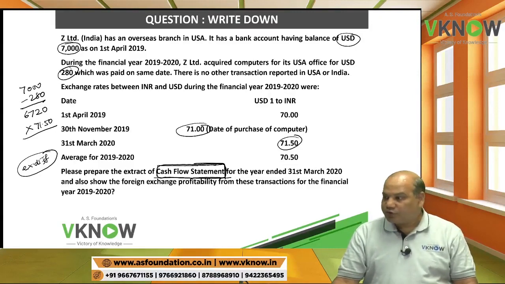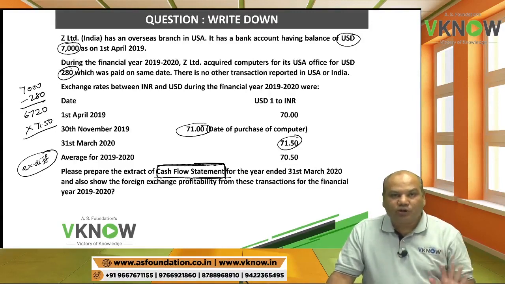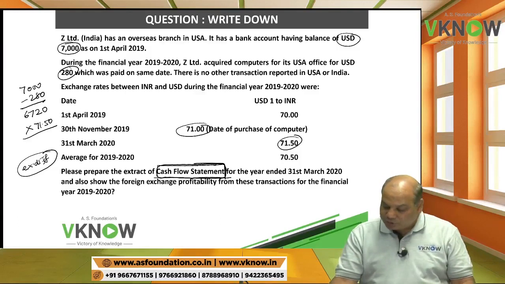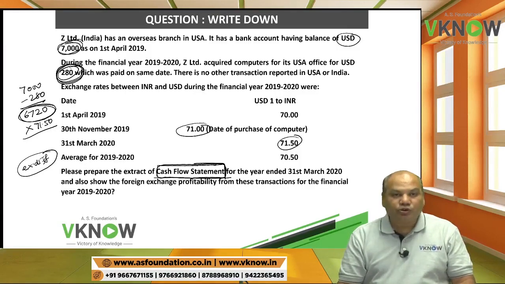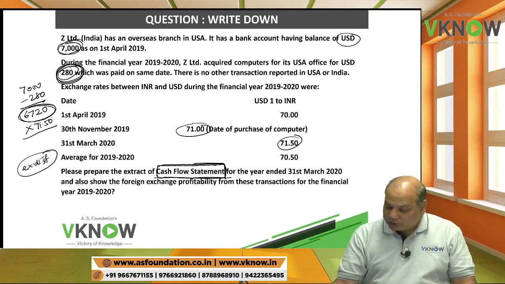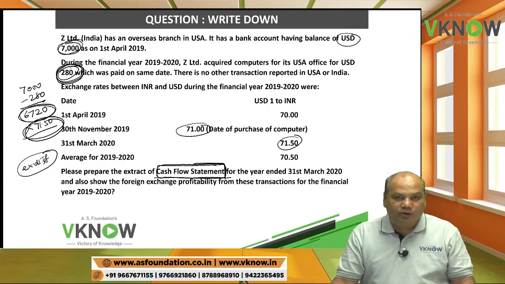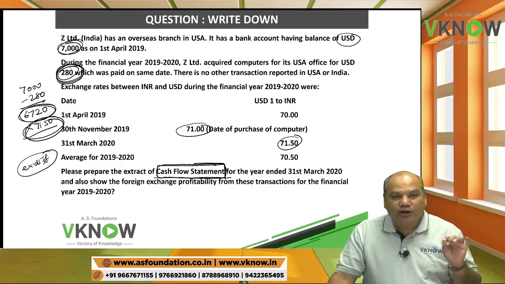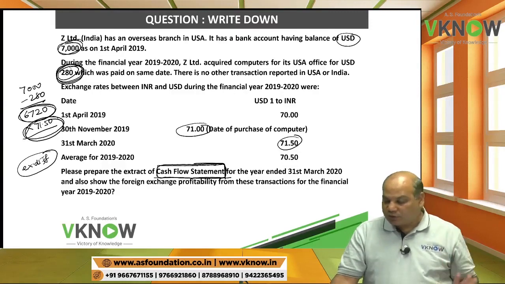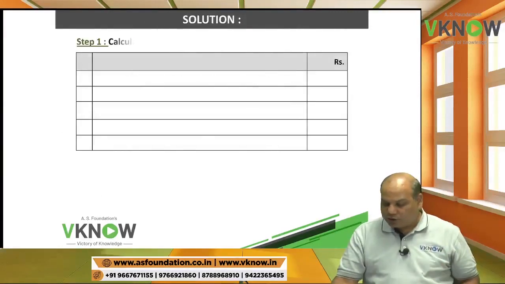First I will give you some basic calculations for understanding. We have opening $7,000, we purchased a computer for 280, we are left with $6,720, and we convert that at 71.50 and see what the amount in Indian rupees is on 31st March 2020.